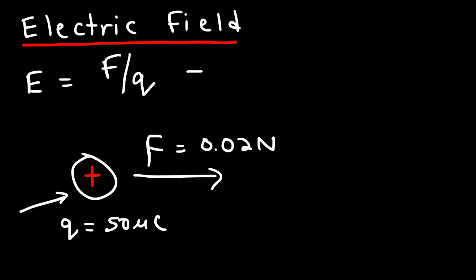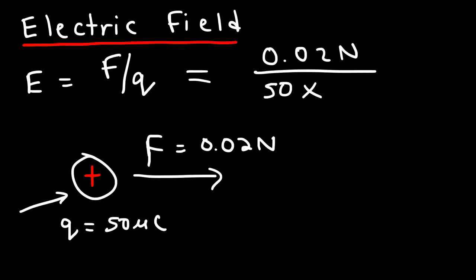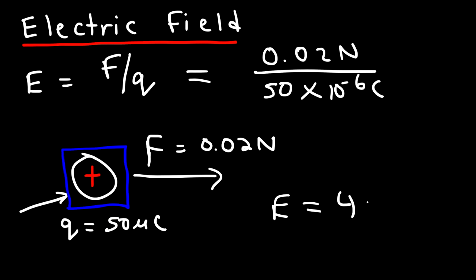So using this formula, it's simply the force exerted on the charge divided by the magnitude of that charge. So it's 0.02 newtons divided by 50 times 10 to the minus 6 coulombs. So the electric field in this region of space, which the positive charge currently occupies, is 400 newtons per coulomb.